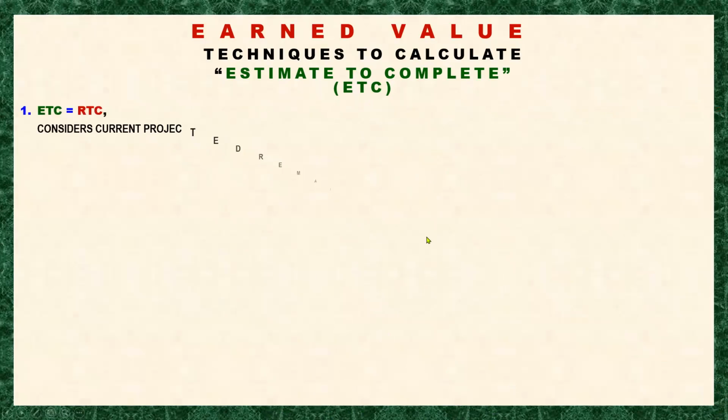First, the ETC is equal to the remaining total cost. This considers the current projected remaining cost to complete as the estimated cost to complete.